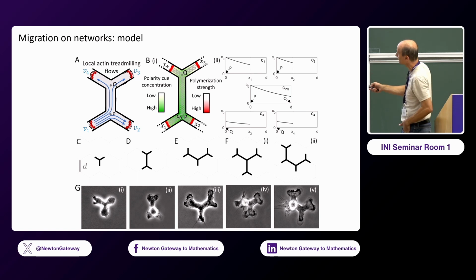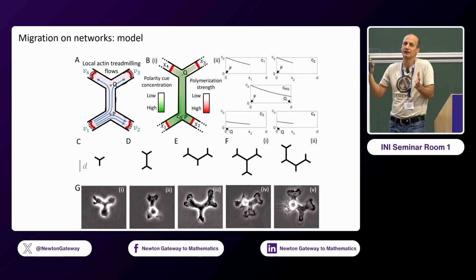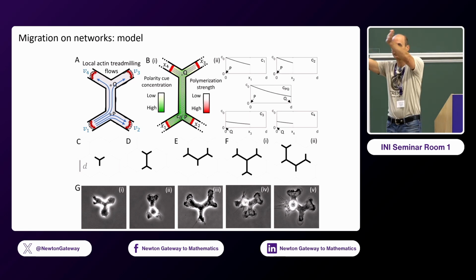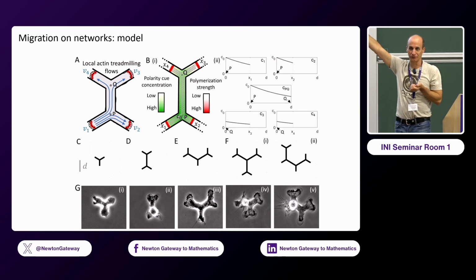So the contribution from the flow of this guy was split into here, but then this contribution continued here and then split furthermore there. Just to say that we don't fully believe, of course, that actin flow continues unhindered in the cell over long distances.